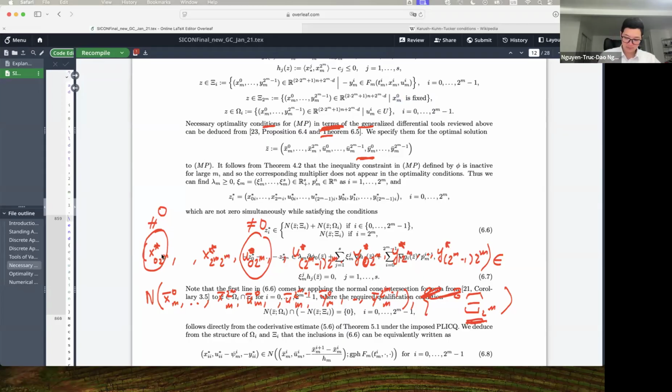For example, I will do one computation for you here. Maybe I will separate the first element only.